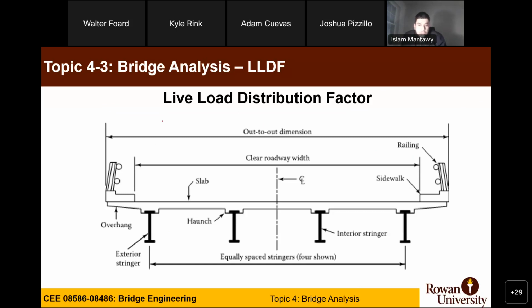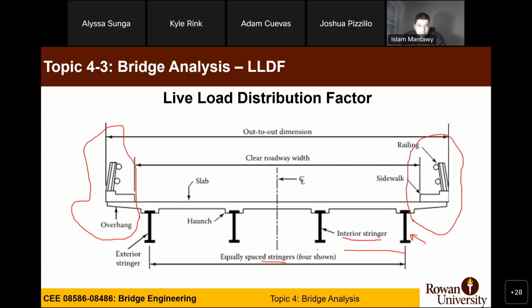Yeah, so in this one you have the girders at different spacing, correct? You have interior stringers and exterior stringers, which are girders or beams. We also discussed having the overhang, right? Remember, Adam, roughly what was the overhang length in terms of the spacing?